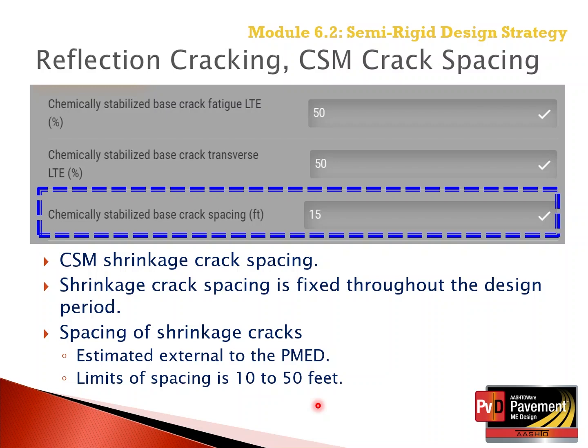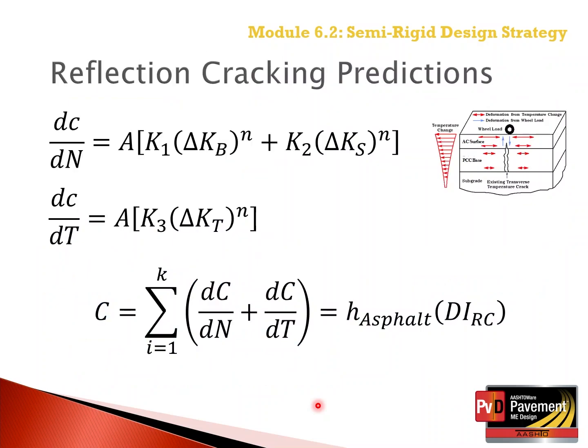Thus, the assumption is that it's going to behave as an unbound layer with a much higher resilient or elastic modulus. So coming back to the fracture mechanics approach for predicting reflection cracks, remember the shear component is defined by the low transfer efficiency, the differential vertical deflection, which defines the shear component in the fracture mechanics approach.